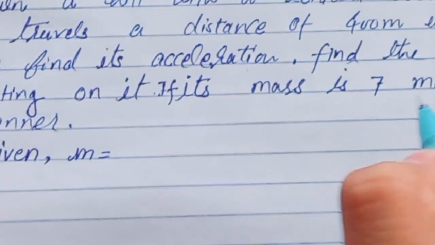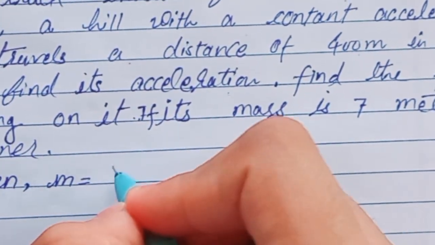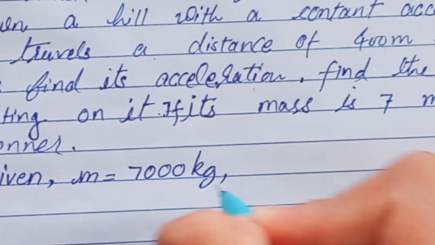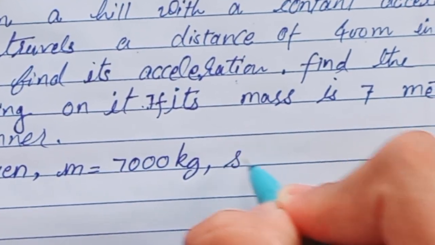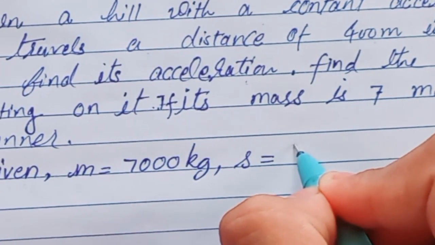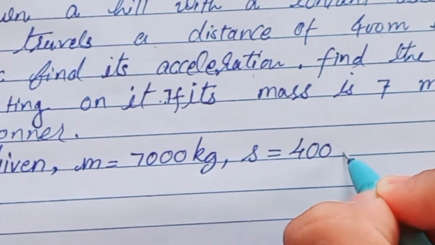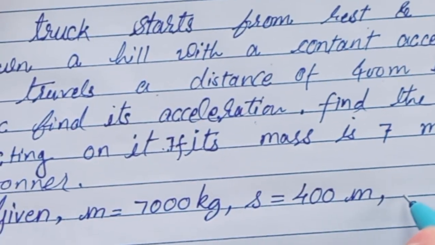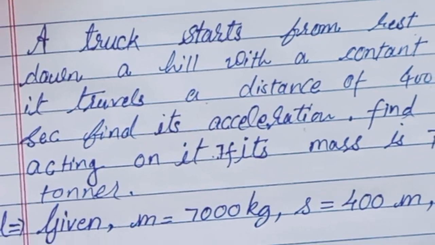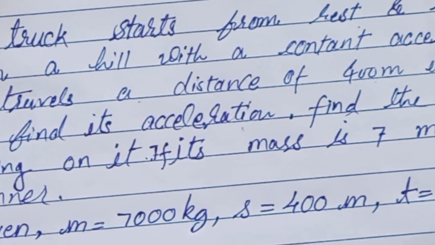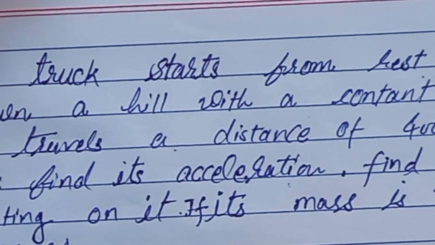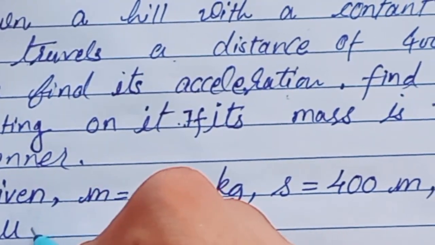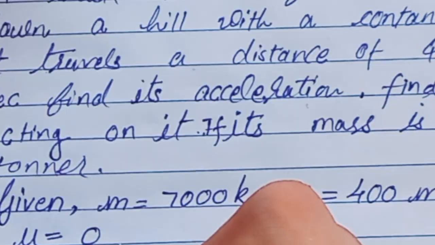Mass is equal to 7 metric tons, which is 7,000 kg, and we have a distance of 400 meters in 20 seconds. So time is also given, 20 seconds. Here we can take the initial velocity to be 0.